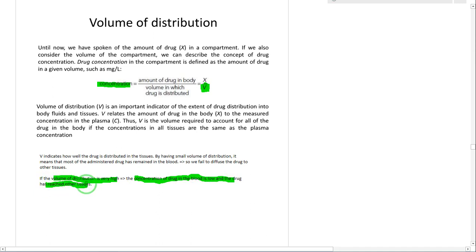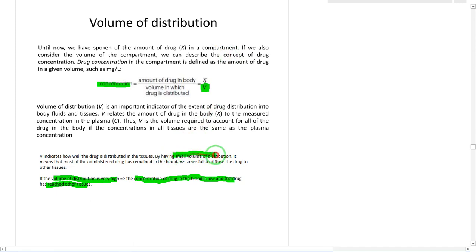tissues. Okay, but if the volume of distribution is small, it means that the volume in which the drug has been distributed is only the plasma. So the volume of distribution is small, so it says that the drug has not been distributed well.